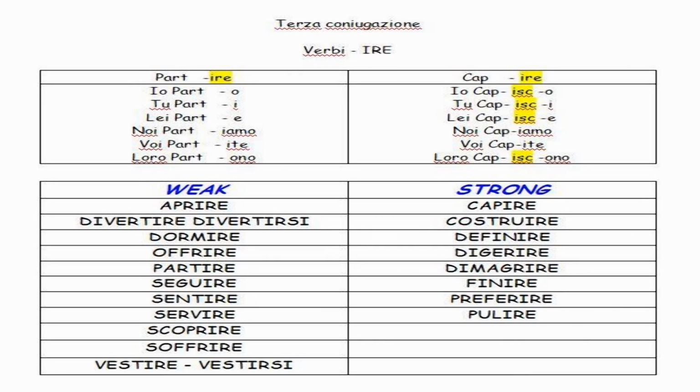Partire, well, we saw that. Seguire, to follow. Sentire, to feel, to sense, and to hear. Servire, to serve, which in Italian has a much wider spectrum of use. Semantic area is much wider.